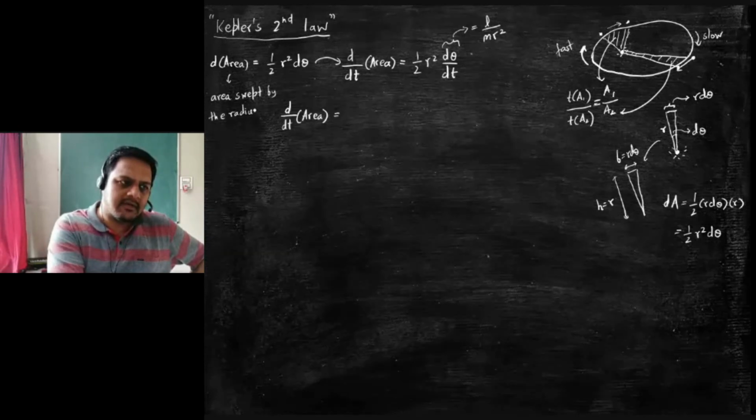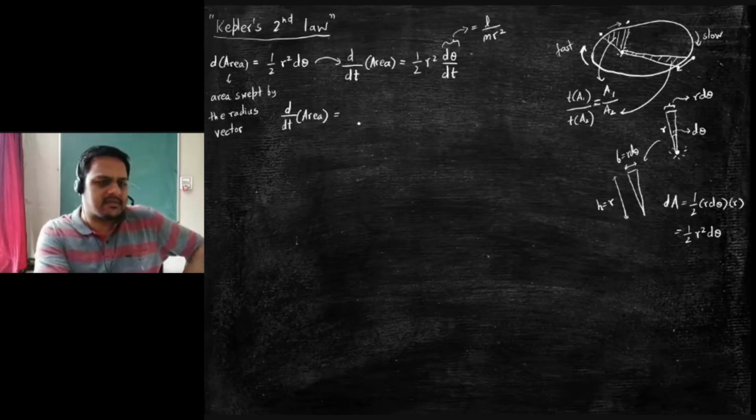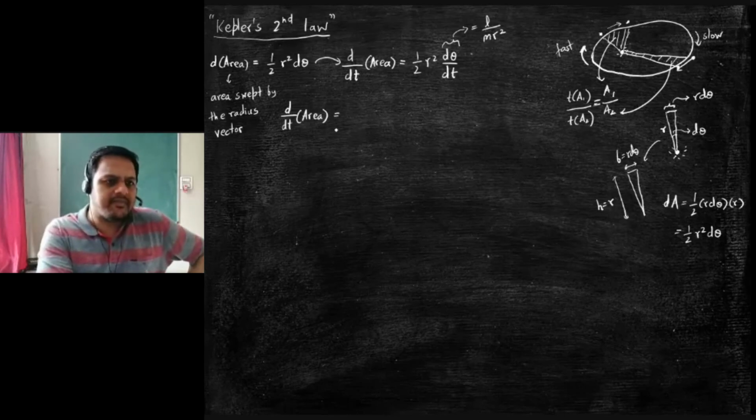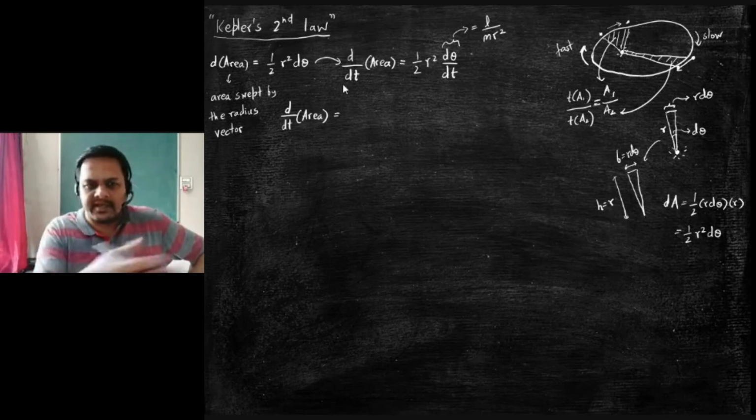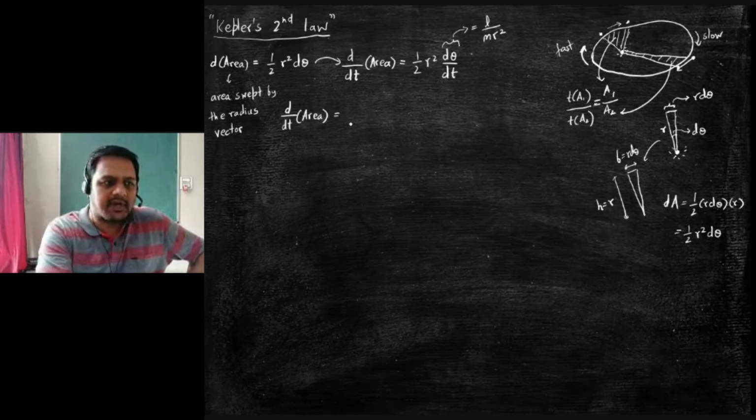It is not an actual physical area. It is a mathematical construction, just for our understanding. It doesn't mean that there is a carpet laid out in that area or a field. It's just open space. You just call it the area swept by the radius vector. What will this be?